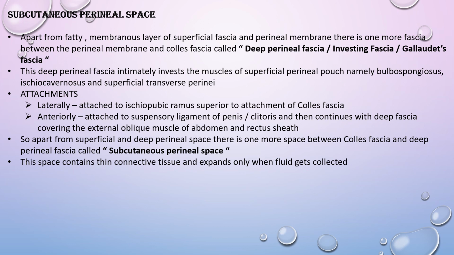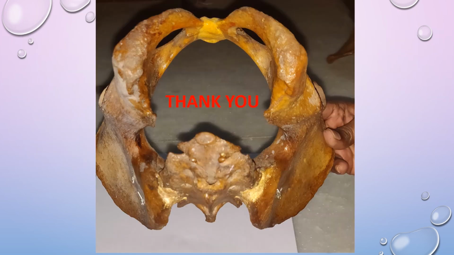So, apart from superficial and deep perineal space, there is one more space between the Colles fascia and the deep perineal fascia. This space is called subcutaneous perineal space. This space contains thin connective tissue. This space expands only when fluid gets collected.